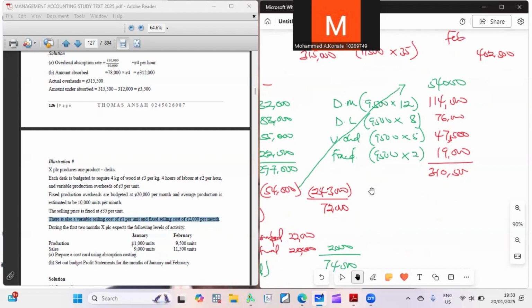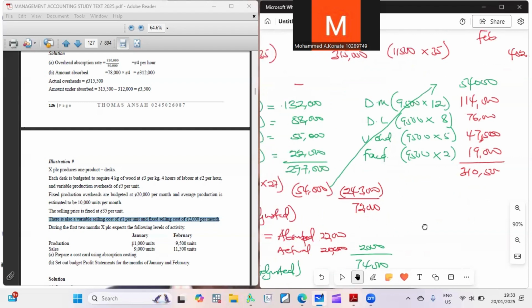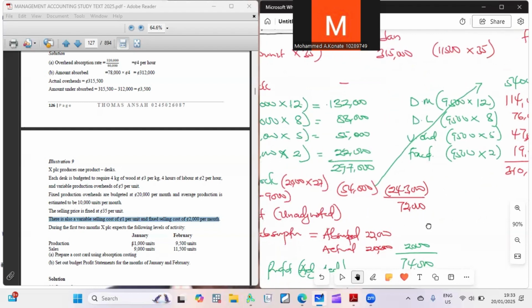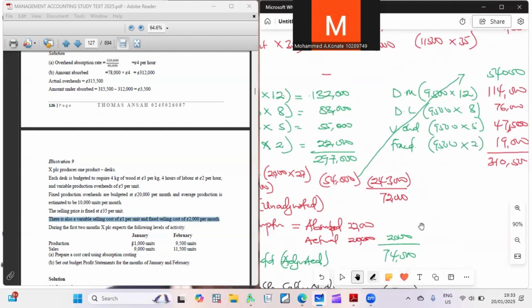So you realize that you had opening stock. In this case, this is your opening stock. We had opening stock of 2,000.